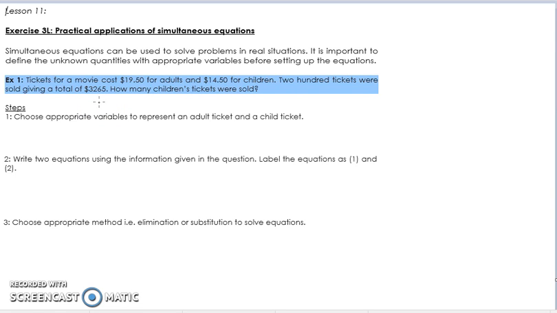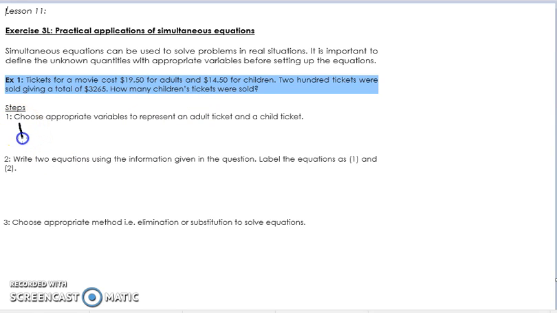So this is quite a lot of information to start off with, but we can dissect this question bit by bit in order for us to turn it into a format where we can then easily solve using simultaneous equations. Okay, so the first step says choose appropriate variables to represent an adult ticket and a child ticket. Okay, well, that's pretty easy.